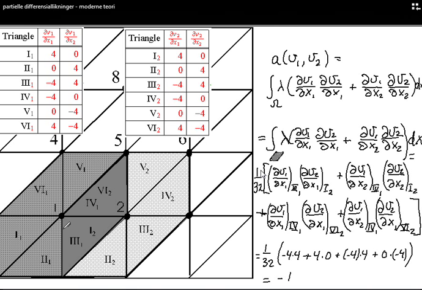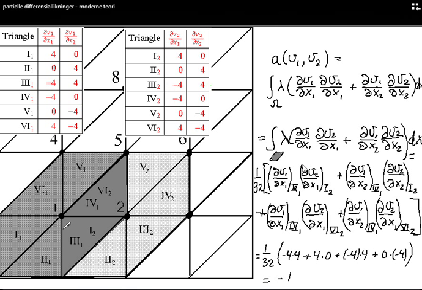So we have the area of each of these triangles is the same as before, 1 over 32, and we have the partial derivative of V1 with respect to x1 that is connected to the triangle 3, 1. We go to the table here and see what 3, 1 gives of values. It gives -4 and 4 on the partial derivatives of V1 with respect to x1 and x2 respectively.